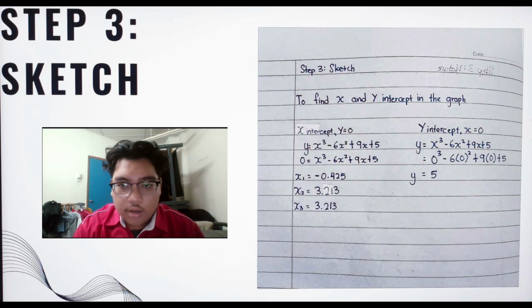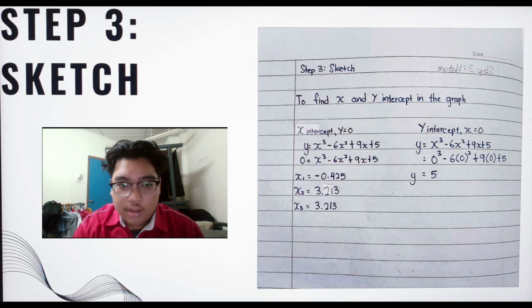Now we are moving on to the y-intercept. Finding the y-intercept is the opposite of finding the x-intercept. For the x-intercept, y equals 0, but for the y-intercept, x is 0.